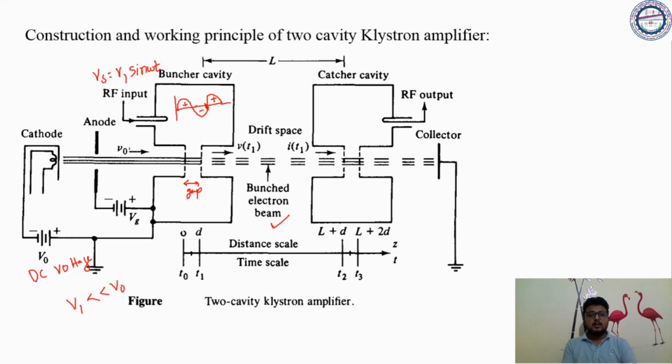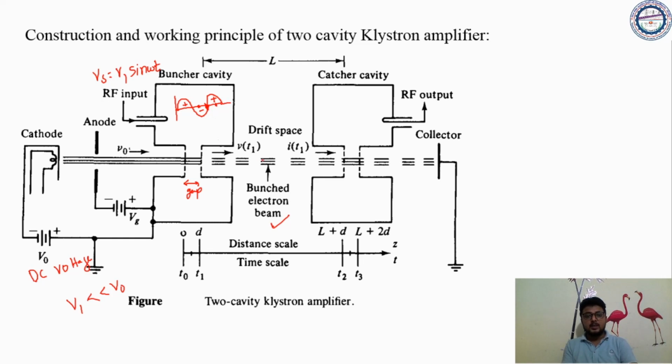So we can see the electrons which were coming at some time this one, at some time this one, and sometime this one. You can see this electron reaches early, this electron reaches later, and this electron at sometime t0. The electron which comes early is decelerated, its velocity decreases, and the electron which comes later is accelerated, which is faster.